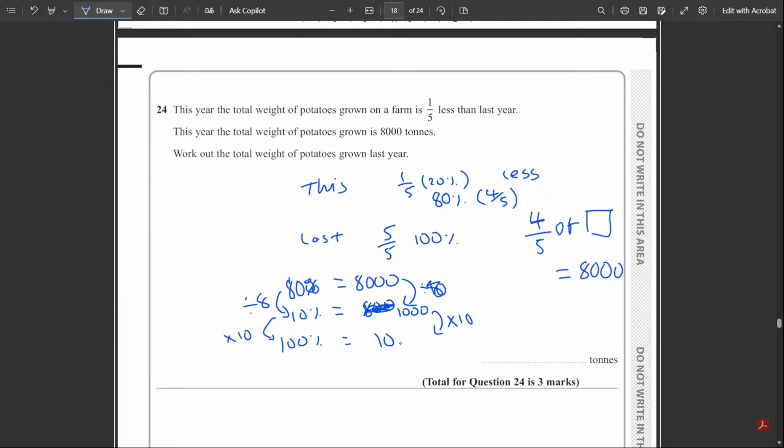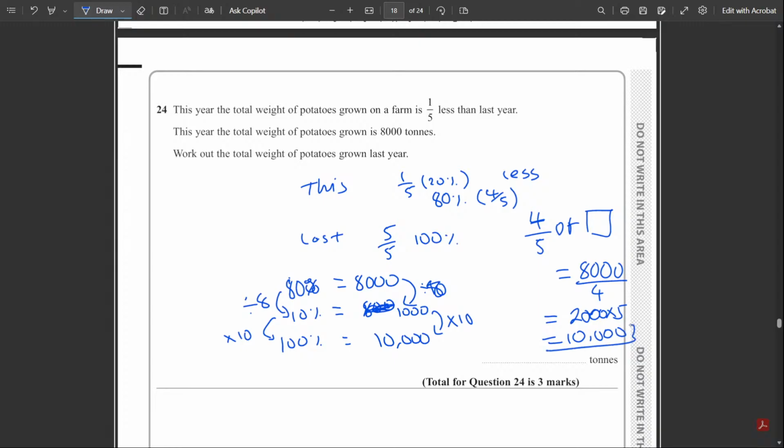It gives you 10,000. Okay, so last year it would have been 10,000. So same thing, it was 4/5, so multiplying by 5 and dividing it by 4. Okay, so divide that by 4, you get 2,000, and times it by 5, you get 10,000.